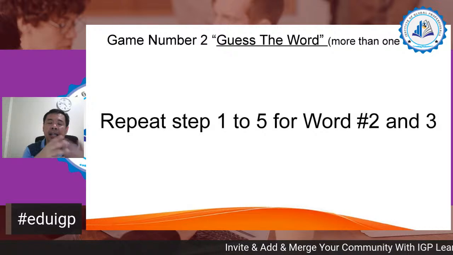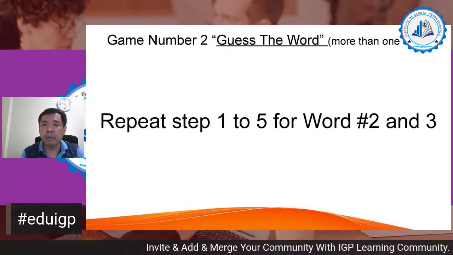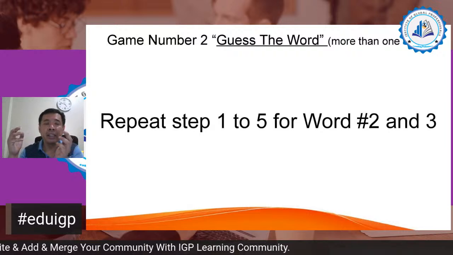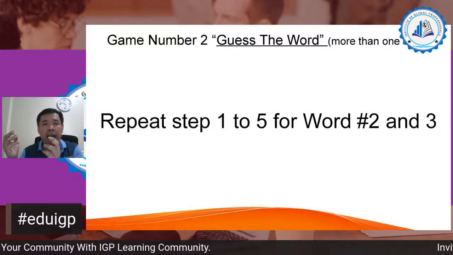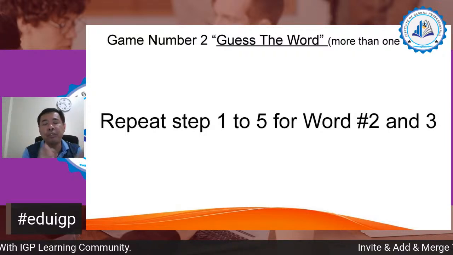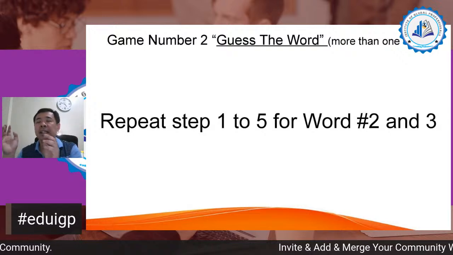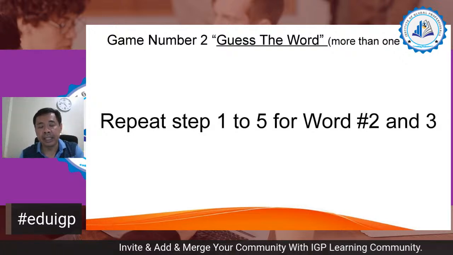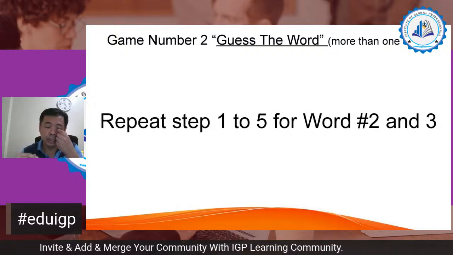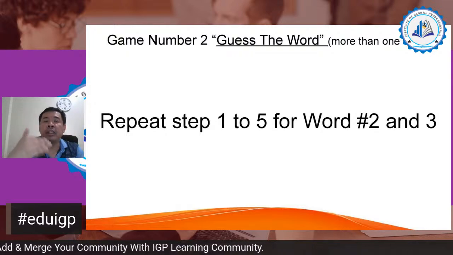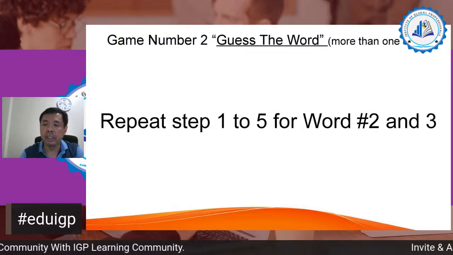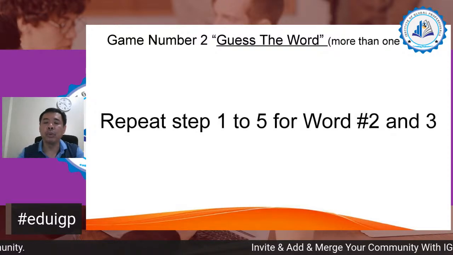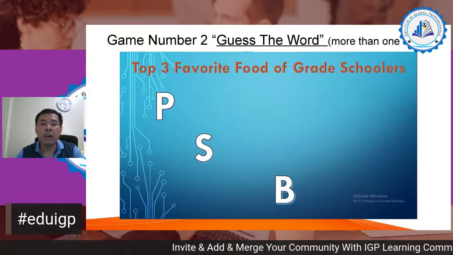The third word again, choose the remaining words, put this animation, and then use effect options from left to right, then trigger on click of rectangle 6. So you just repeat each word, repeat the same action. Repeat step 1 to step 5 for words number 2 and 3, and then here it goes.